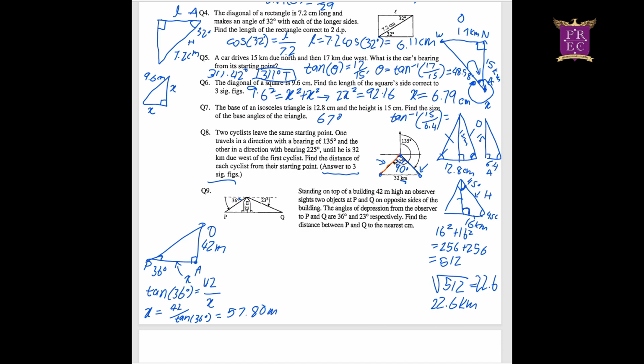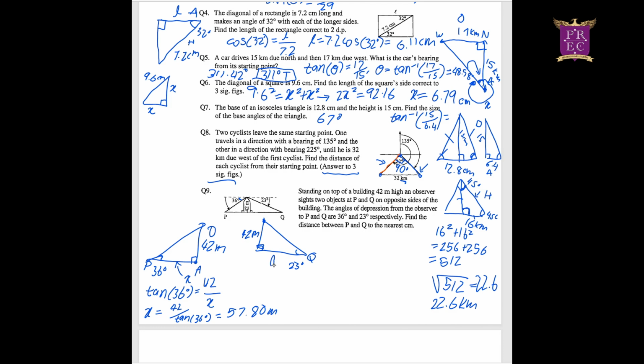Now, let's do the same thing for the other triangle, which is this one. We start with 42 meters, and the angle of elevation from Q to the observer will be 23 degrees, because if the angle of depression is 23 degrees, the angle of elevation is going to be the same. Now, what do we have?